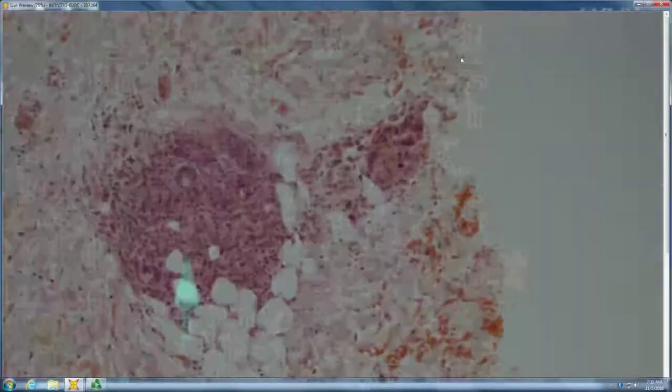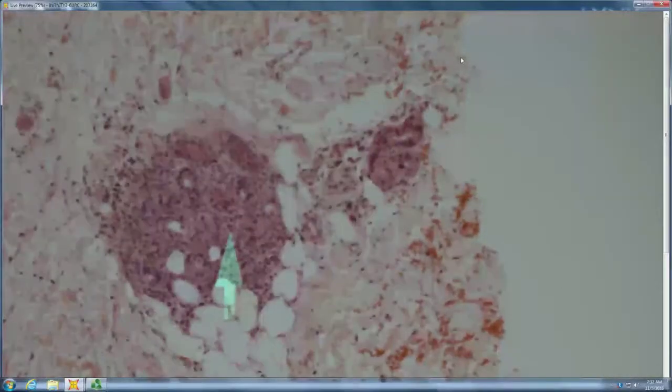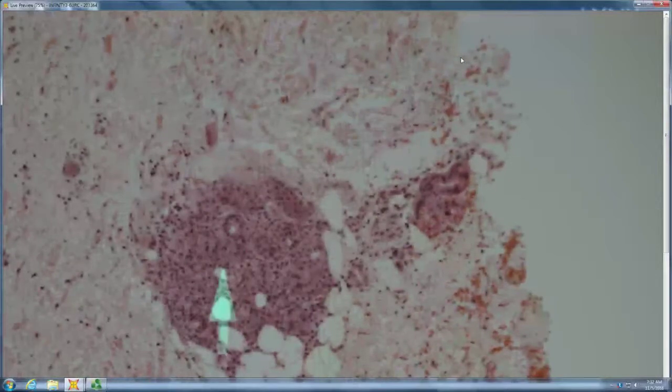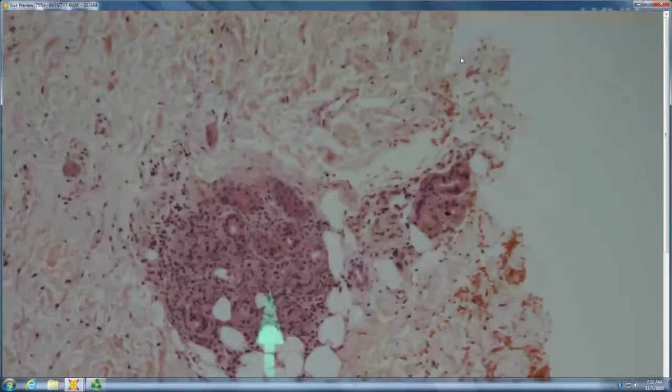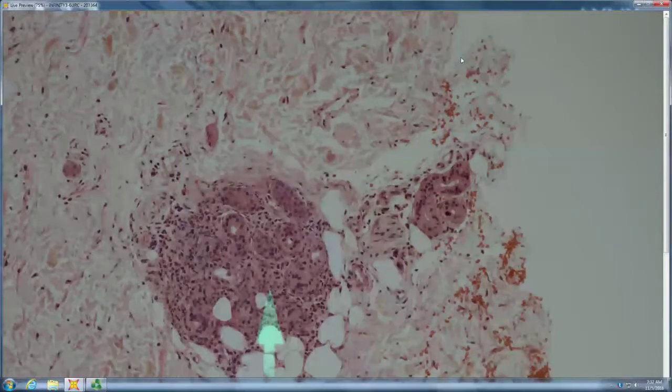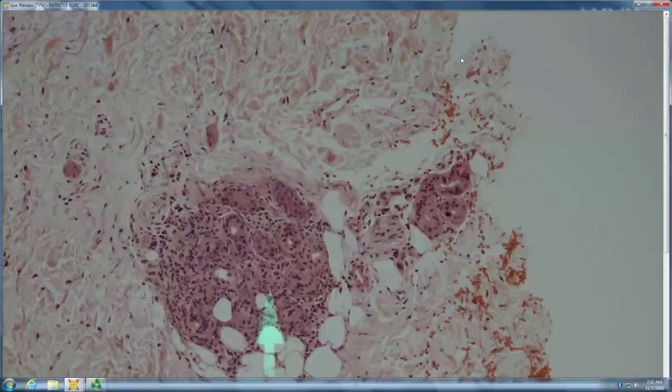Okay. So how about this? Here we see infiltrate in the eccrine coils. The eccrine coil, and what does the infiltrate consist of? It's neutrophilic infiltrate. So, do you know anything that causes neutrophilic eccrine hidradenitis?